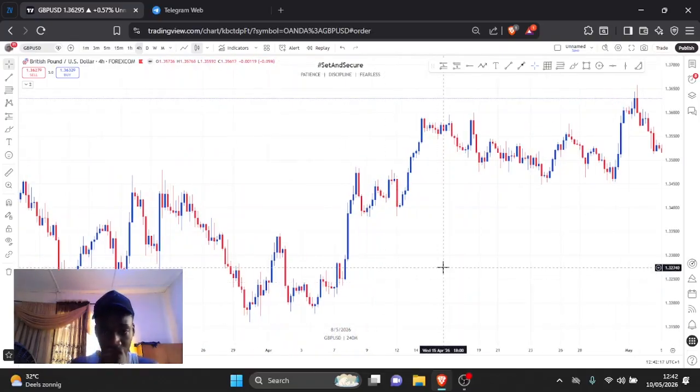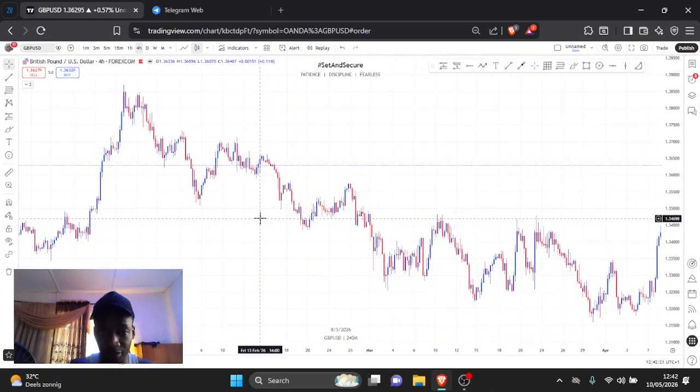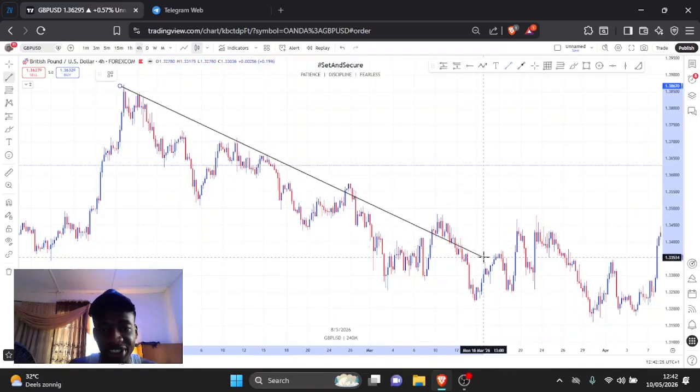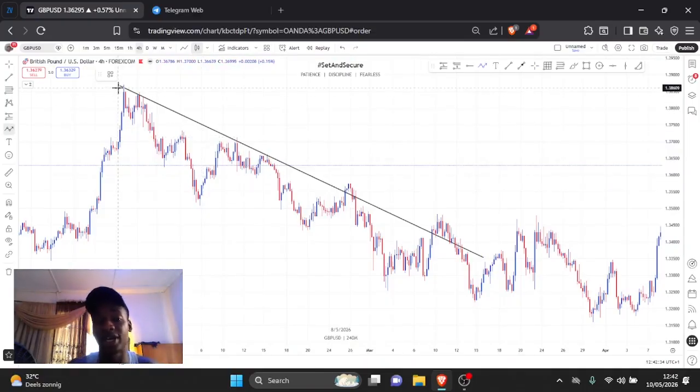Okay, so right now, what can we see on the GBP/USD? What kind of trend is this? We are currently in a downtrend, as you can see. So because we're in a downtrend, we are going to be using the lower high and lower low.